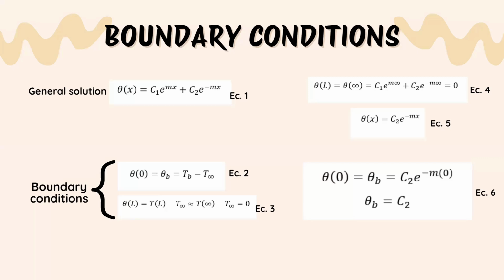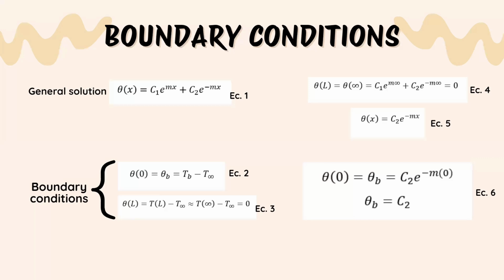So if we replace x equal to L in equation number one, we obtain equation number four. If we analyze this equation, we see that the first term of this summation is useless for us, because when x tends to infinity, the first term tends to infinity.